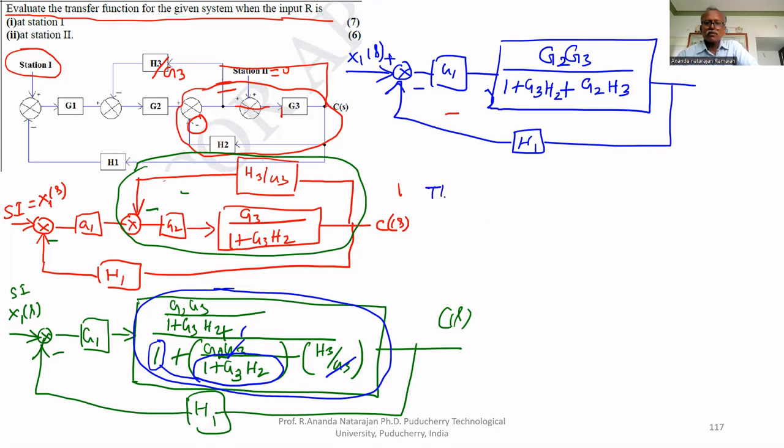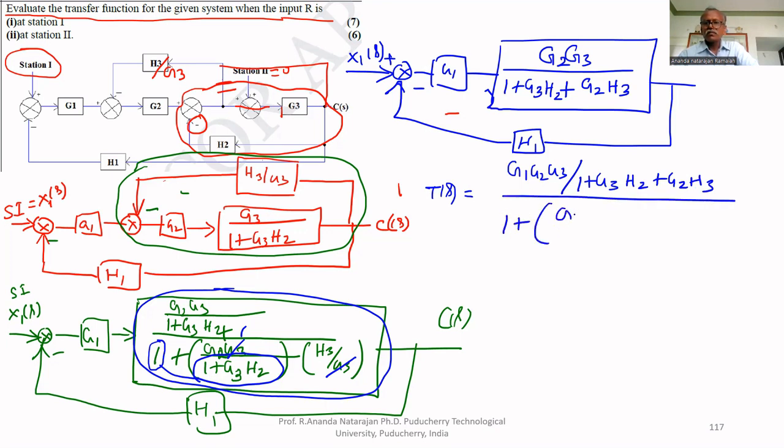Therefore, the overall transfer function T of S equals: the numerator is G1 G2 G3 divided by 1 plus G3 H2 plus G2 H3, whole divided by 1 plus G1 G2 G3 divided by 1 plus G3 H2 plus G2 H3 multiplied by H1.